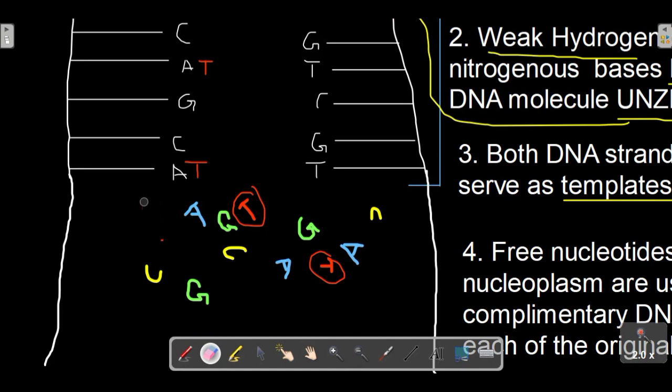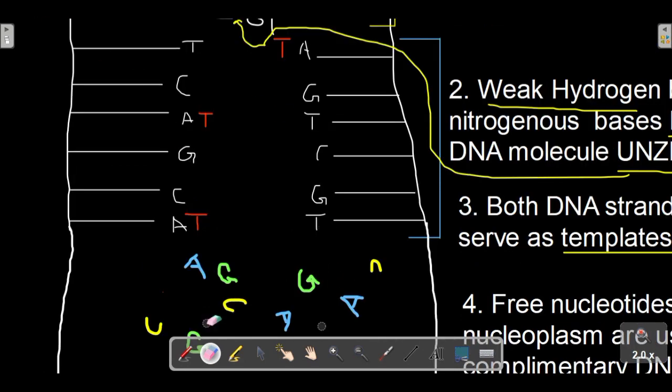So what these are trying to do is to build a new strand, by having these nitrogenous bases bonding to these original separated DNA strands. So we're done with your thymines, and then of course the thymine will have to bond with the adenine.